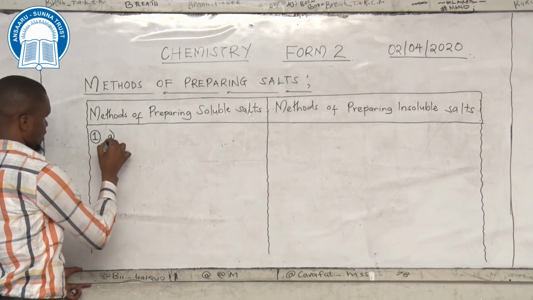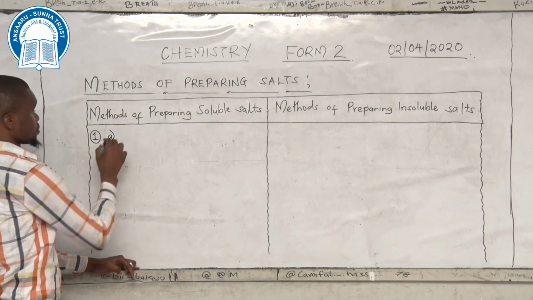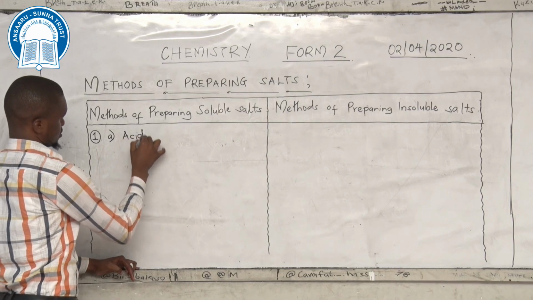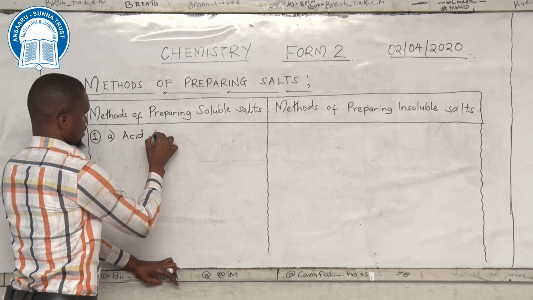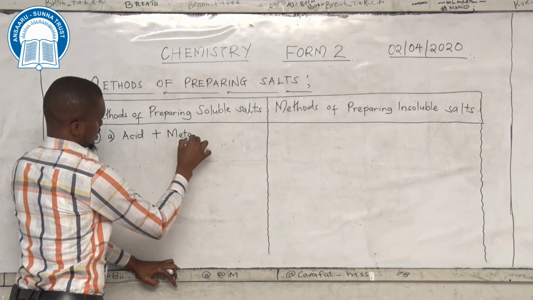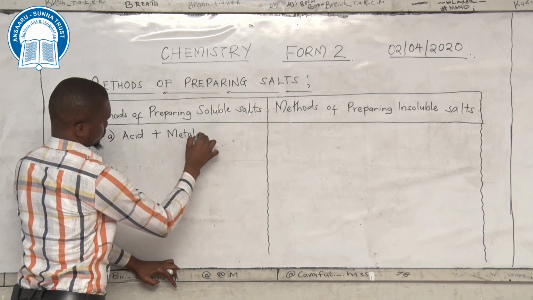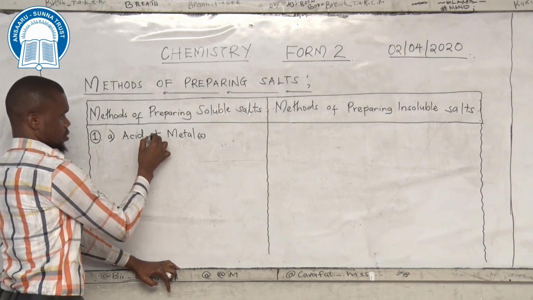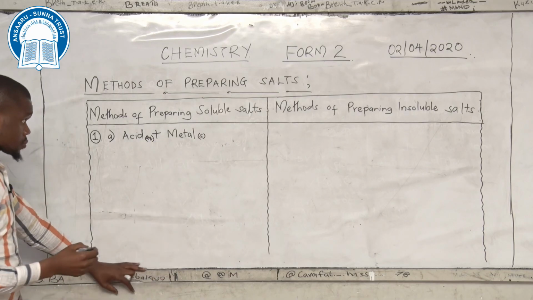The first one here will be A, where we're saying an acid reacting with a metal. Obviously the metal is a solid, the acid is an aqueous solution.